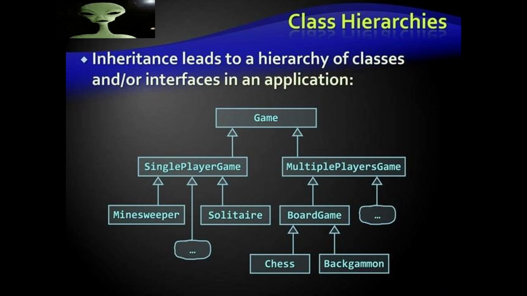Solitaire, if you play it as humans do, is a single-player game, which is a child of the game. A chess game is a board game, which is a multiple-player game, which is a game. Backgammon is a board game, which is a multiple players game, which is a game.